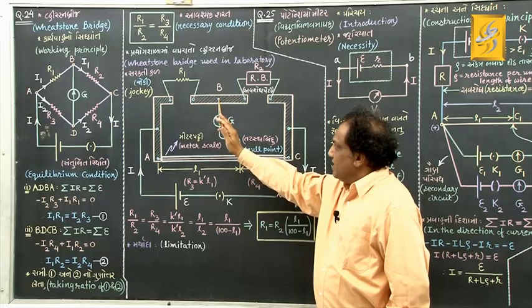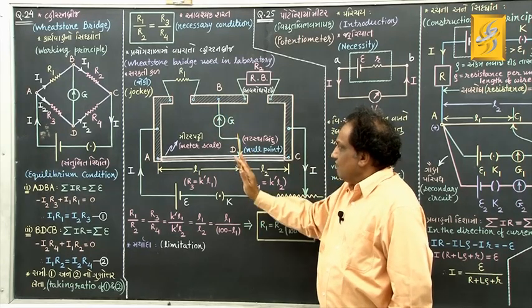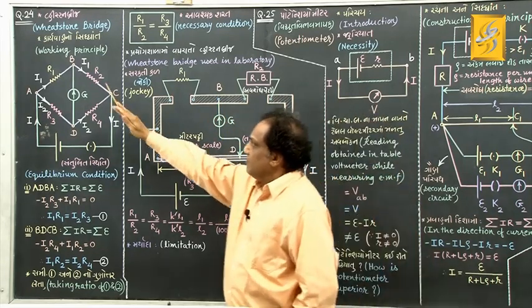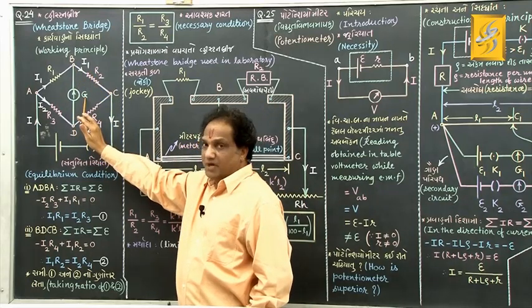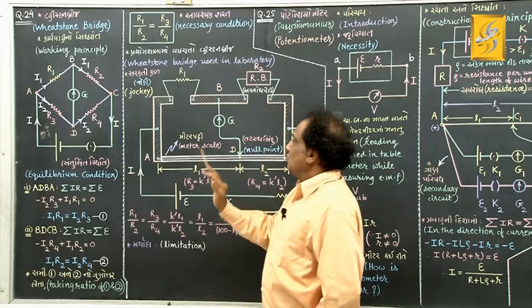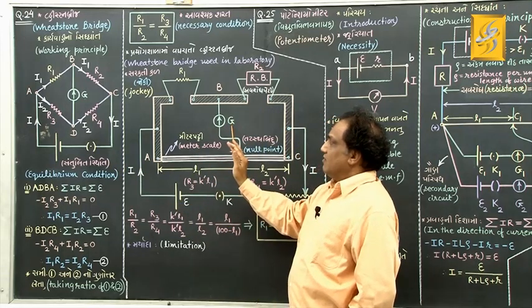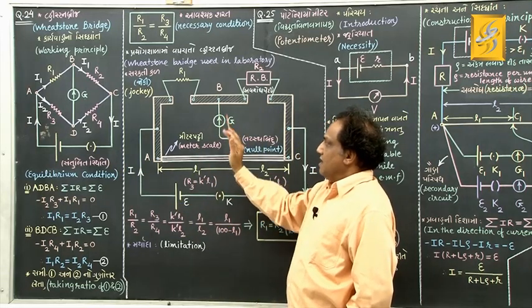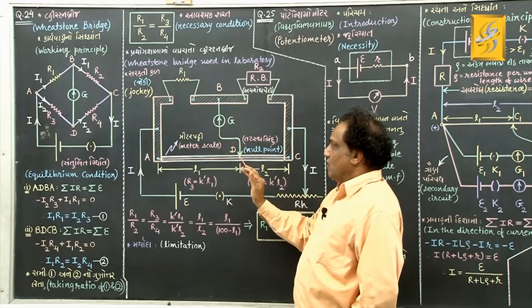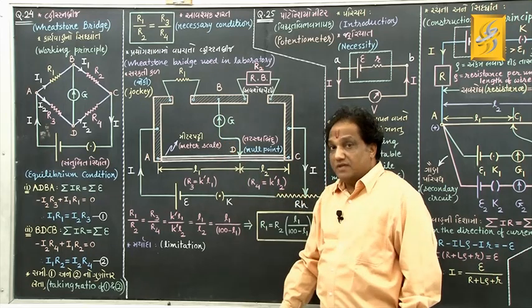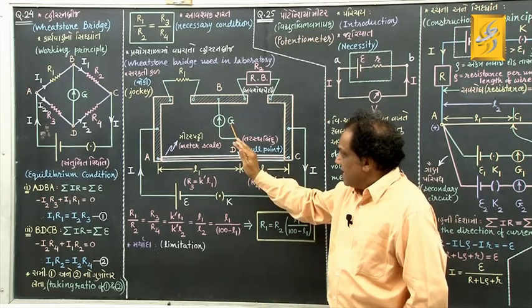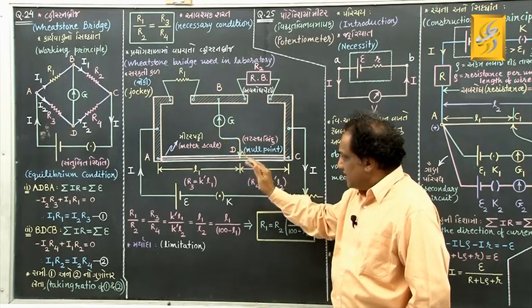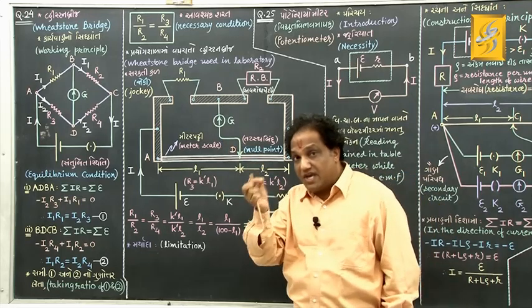Between points B and D, we have connected a sensitive galvanometer. One end of the sensitive galvanometer is connected with point B, and the other end is connected with point D. But note one point very carefully: the second end of the galvanometer is connected with a typical key.